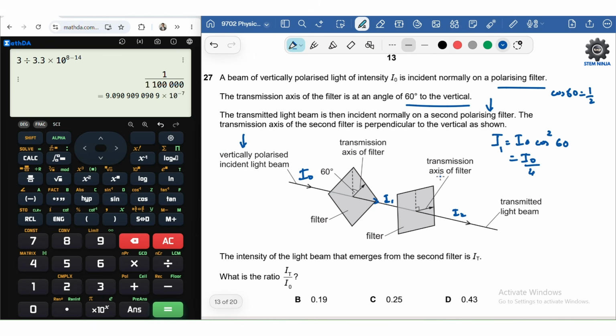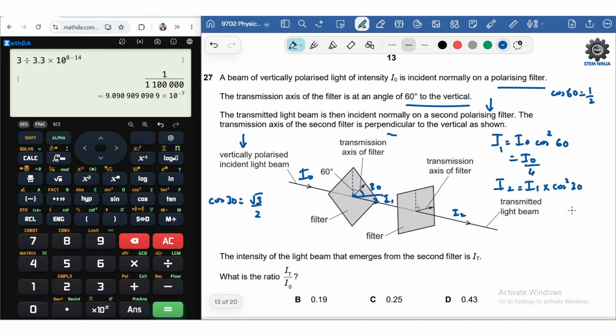Then you have, wait a second. It is perpendicular to the vertical. So now it's 30 degrees changed again. Okay, not 60, 30 degrees. So this time I2 would be I1 times cos squared 30. Cos of 30 is root 3 by 2.